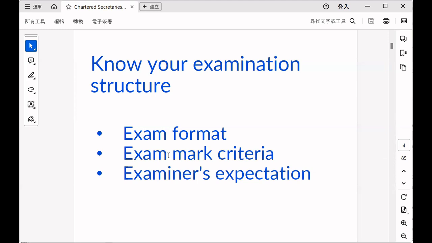You know how marks will be given, the marking criteria, and what the examiner expects to see in your answer. So just give a very brief overview of these topics first before we move to section B.